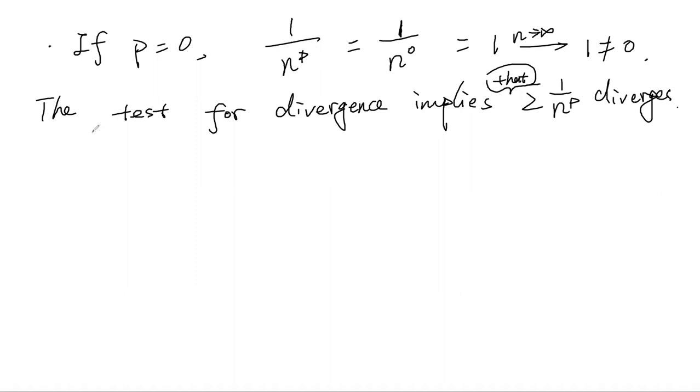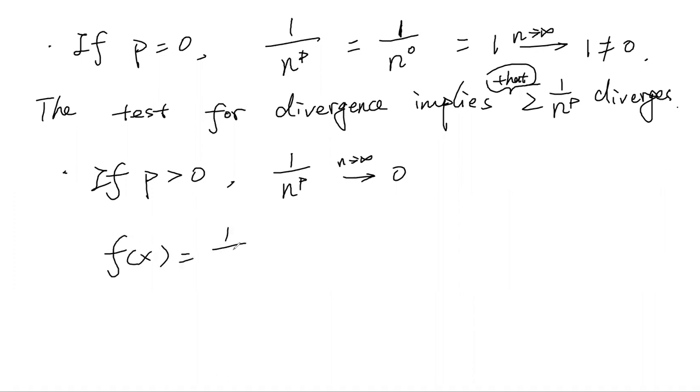And the last case is when p is greater than 0. Now this time, if you try to use the test for divergence again, you will see this term goes to 0 as n approaches infinity. So we can't get anything useful from the test for divergence. But if you consider the corresponding function f of x equal to 1 over x to the p, then you realize this function is continuous, like 1 over x squared, or even 1 over square root of x.